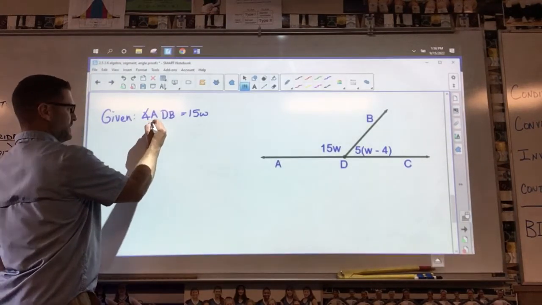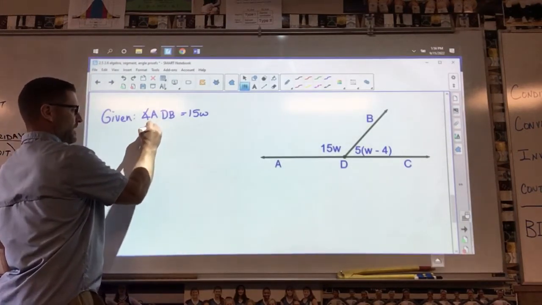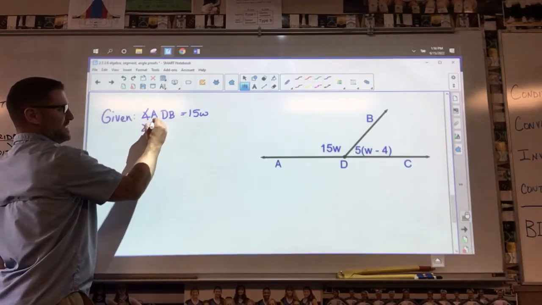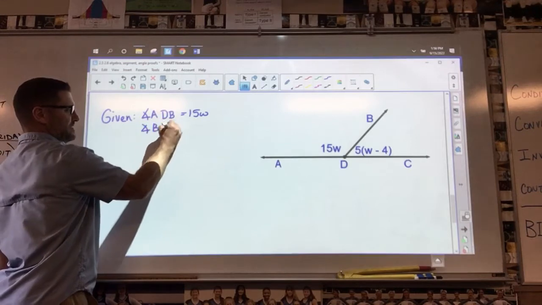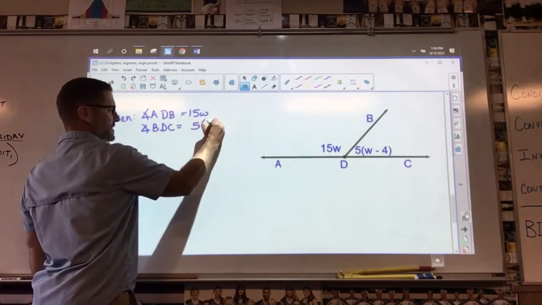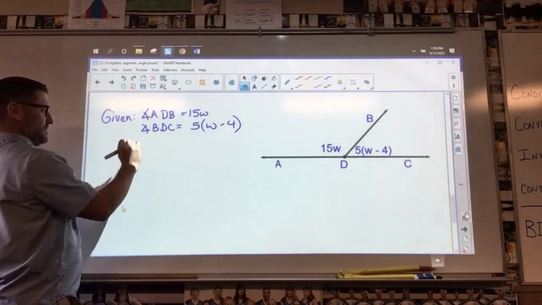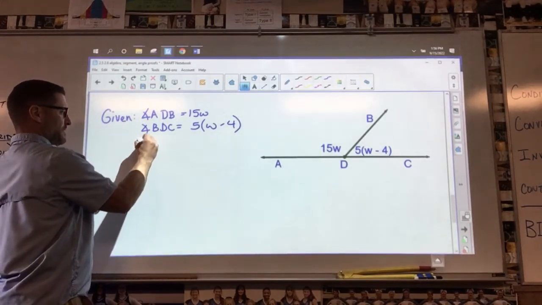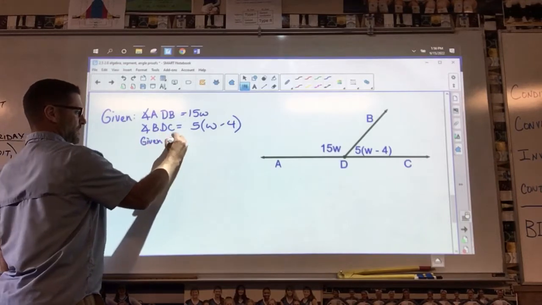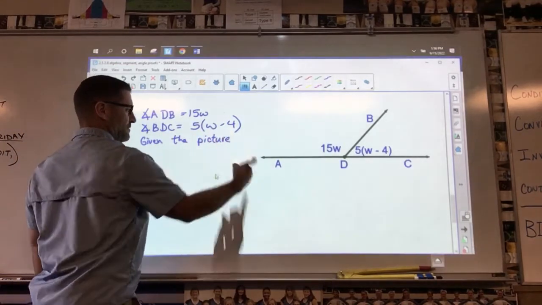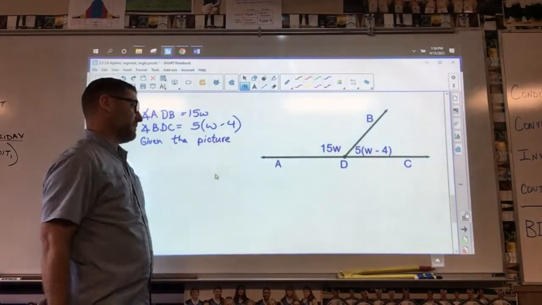I would have put angle BDC is 5 parentheses W minus 4. And also given the picture. So I don't know, maybe you put something else about it.